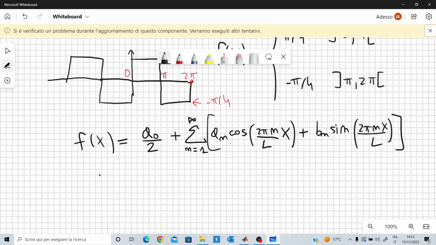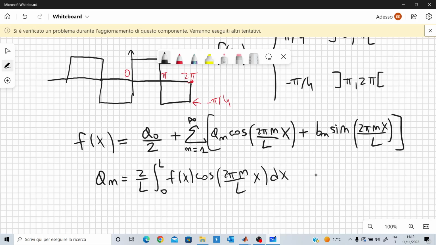The coefficients can be calculated like this. A sub n is equal to 2 over L integral from 0 to L of f of x cosine of 2 pi n x over L dx, for n greater than or equal to 1. A0 is 2 over L integral from 0 to L of f of x dx.